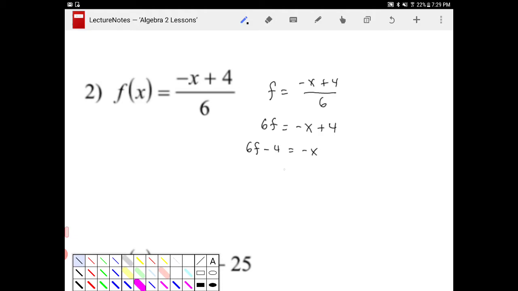Divide both sides by negative 1, I get x is equal to negative 6f plus 4. I am going to replace x with f and f with x, and I get f is equal to negative 6x plus 4. And what this is actually f inverse. So my answer is f inverse of x is equal to negative 6x plus 4.